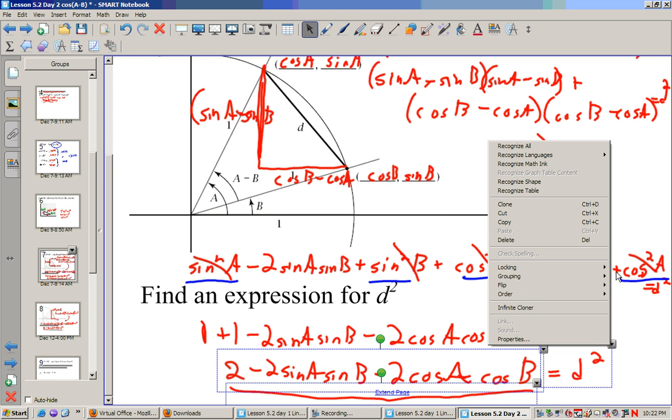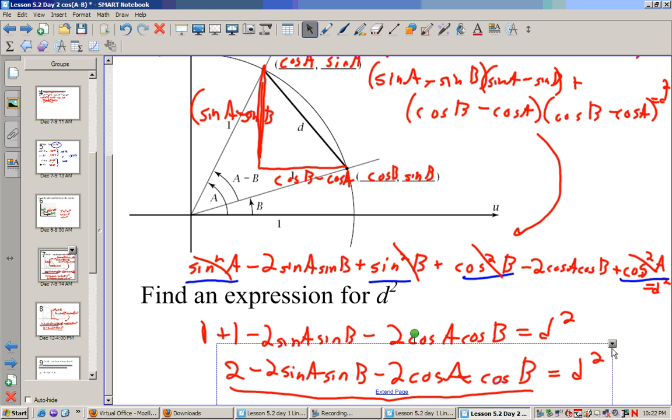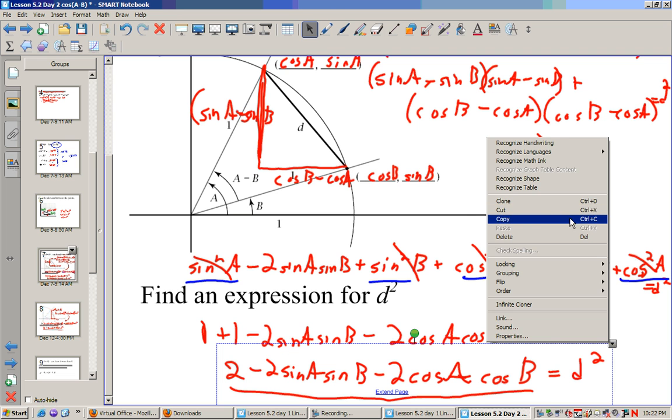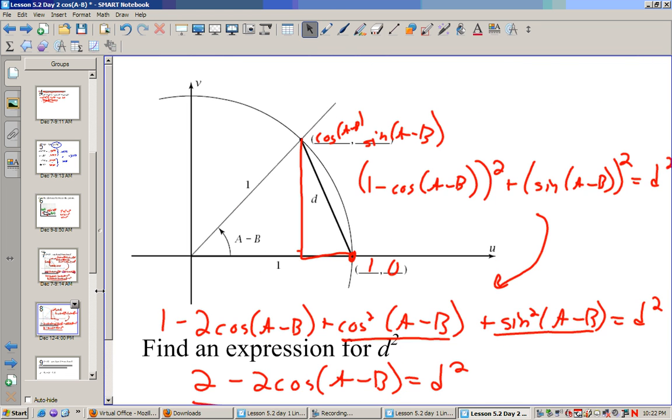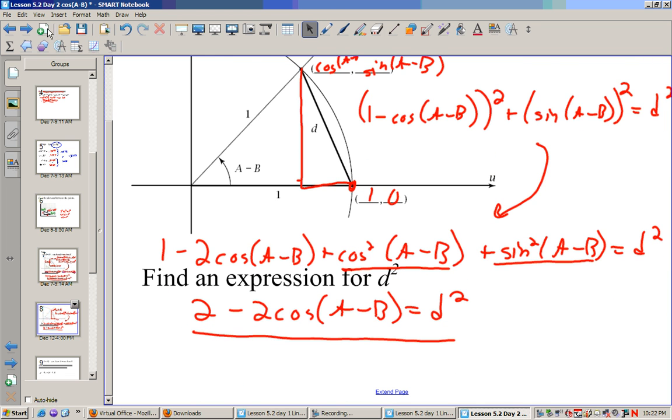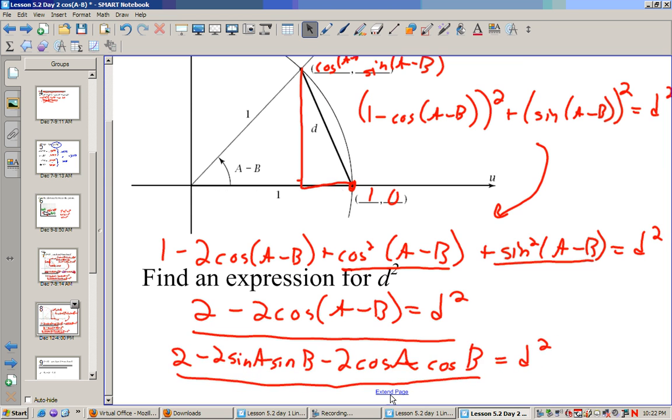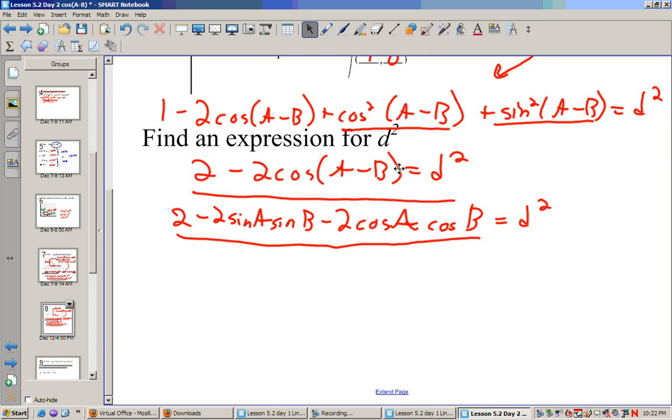First, let's group it and copy. As I go to this next page, if I paste it, I'm going to bring it down here. So these two things are both equal to d squared.